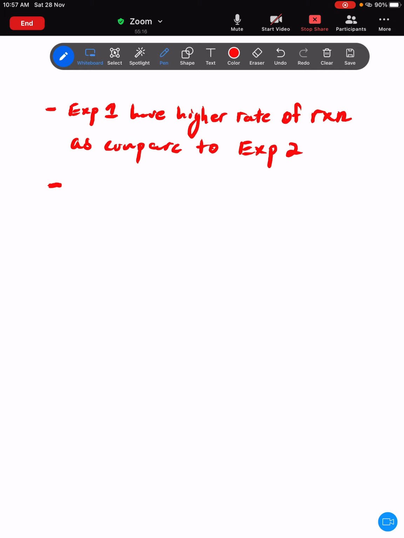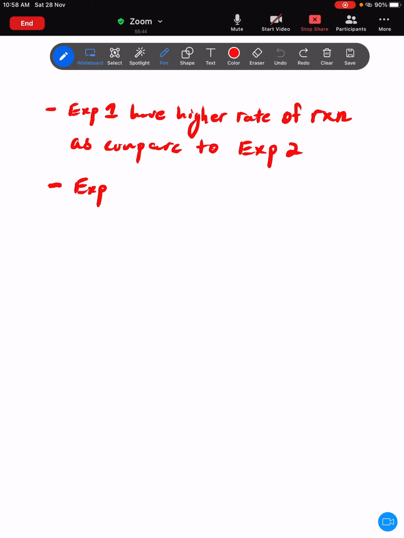Explain, smaller particle. Which experiment has a smaller particle? Experiment 1. So what are we using? It's a metal, am I right?